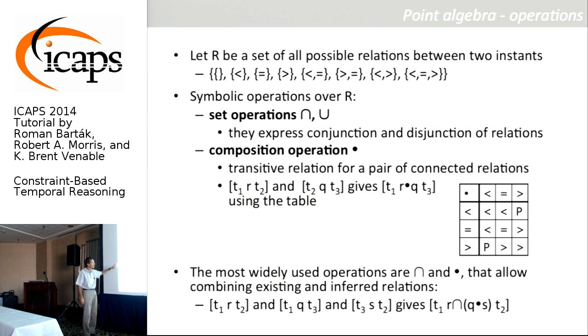The most widely used operations are the intersection and composition. Why it's most widely used? Because we may have some information between points T1 and T2. There might be a third point. So we may have information about the relation between point 1 and 3 and 2. So I can combine this information through the composition operation to deduce new induced relation between points 1 and 2, and I can intersect it with the original information that I have, right?